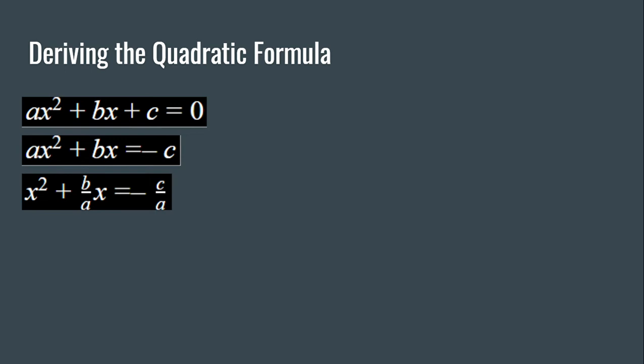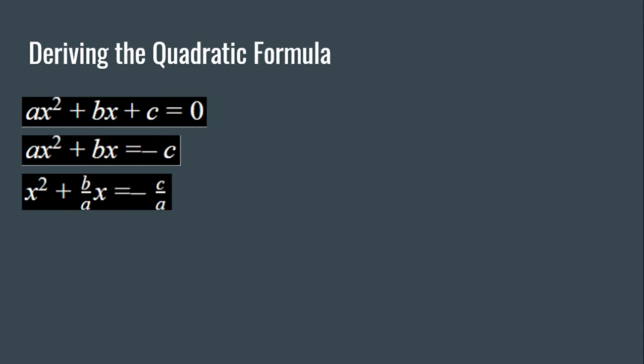Alright? Now the next thing we need to do, well, we don't need to do it, but it's going to make our lives that much easier. What we're going to do next is complete the square. In this case, your b term is going to be the b over a you see attached to the x variable.